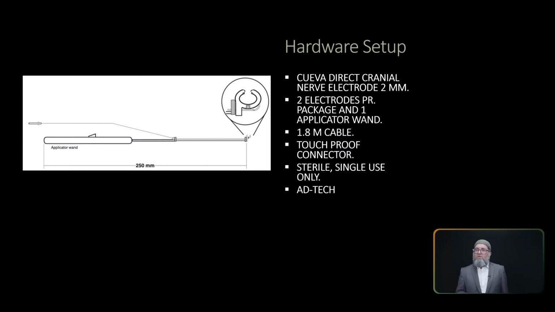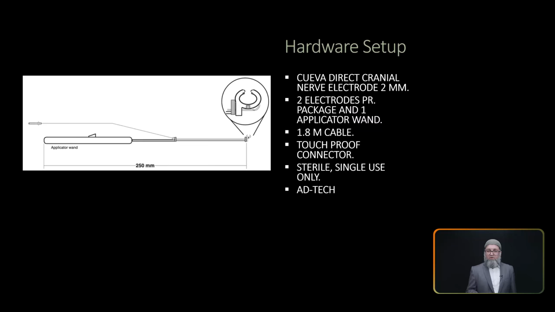This is another electrode which is called the Cuva electrode, and it is about 2 millimeters in diameter. It's a C shape clip which you can put on the auditory nerve. You can place the C shape on the nerve and connect to the computer, so we can record directly from the auditory nerve. When you're recording directly from the auditory nerve, this gives you the auditory nerve action potential.